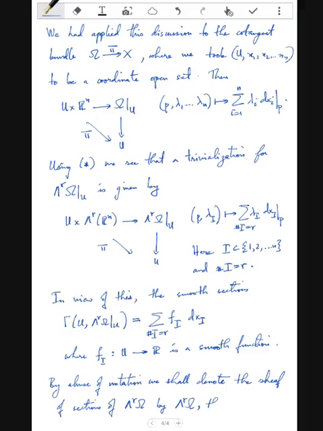So that is, instead of writing gamma u exterior R omega restricted to u, or instead of writing sections of, we will write exterior R omega of u.